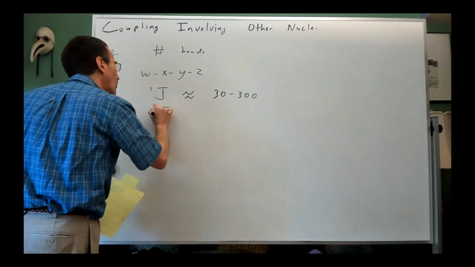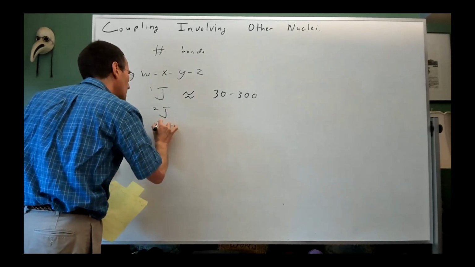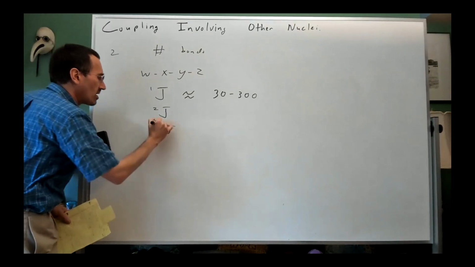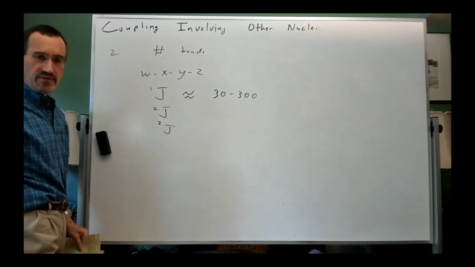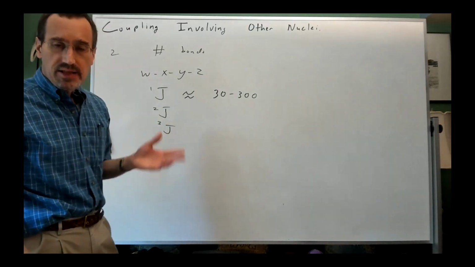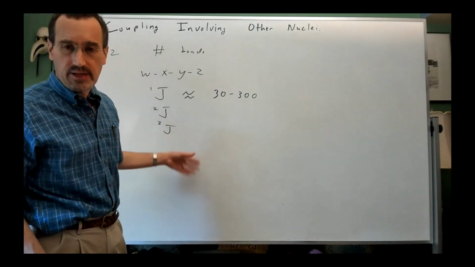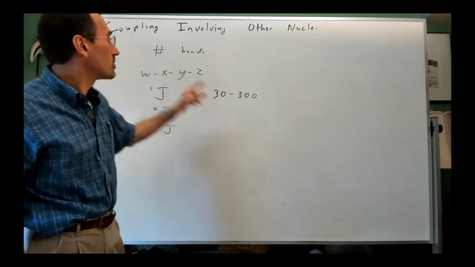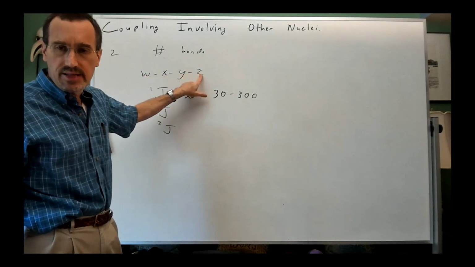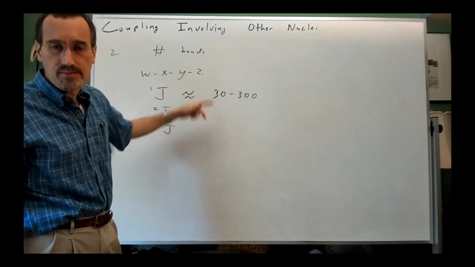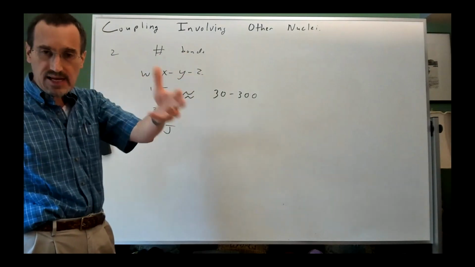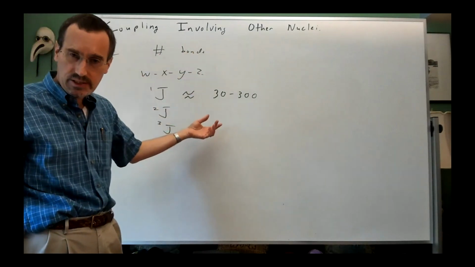All right, for two bond couplings and three bond couplings, you might think that there would be very big differences in the J values, but we've already seen in the case of hydrogen that a typical three bond coupling, if you have a hydrogen here and a hydrogen here, might be on the order of 7 hertz, but we've seen numbers up to 18 hertz and as small as 0.